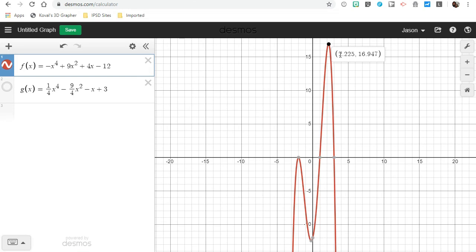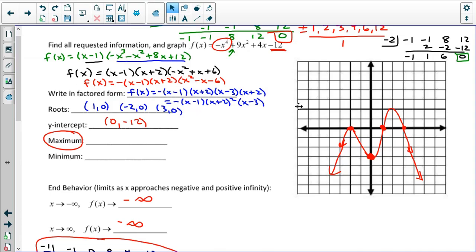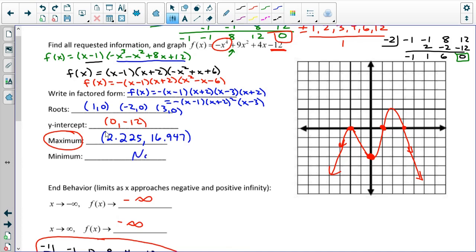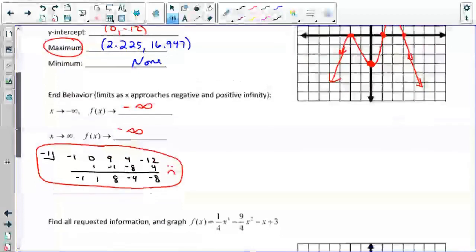So as I go back and I write that down, I have the maximum at 2.225, 16.947. And then there is no minimum.